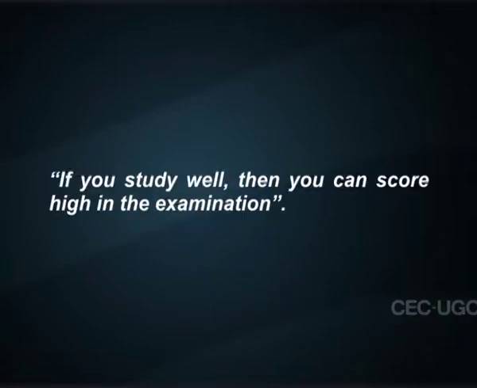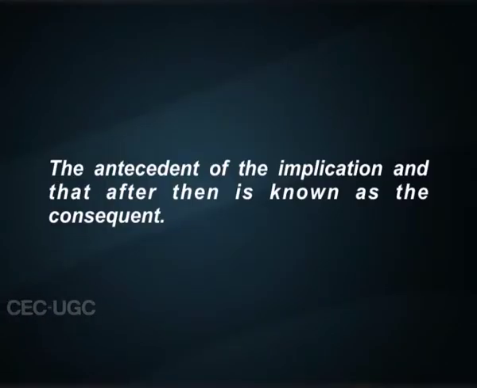For example, "if you study well, then you can score high in the examination." The simple proposition that lies between "if" and "then" is called the antecedent of the implication, and that after "then" is known as the consequent. Both alternative and disjunctive propositions are of the form "either P or Q."